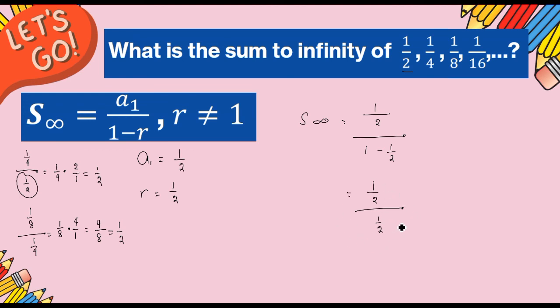Then, para ma-simplify po natin, kukunin natin yung ating dividend, so magiging 1/2. Change the operation from division, gagawin nating multiplication, then reciprocal ng ating divisor. So, magiging 2 over 1. So, 1 times 2, and that is 2. 2 times 1, and that is also 2. So, therefore, S of infinity is equal to 2 divided by 2 is 1.